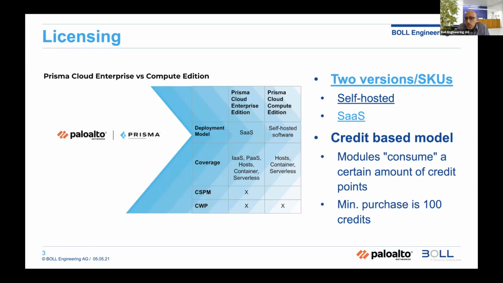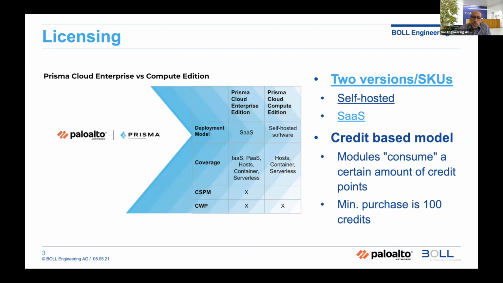If you want to deploy, for example, the cloud workload protection for VMs, then a Defender agent consumes 1 credit. And if you want to protect 10 VMs, then you will be charged 10 times 1 credit, which equals 10 credits. So it's very easy in terms of licensing.